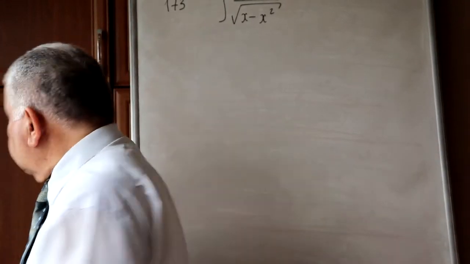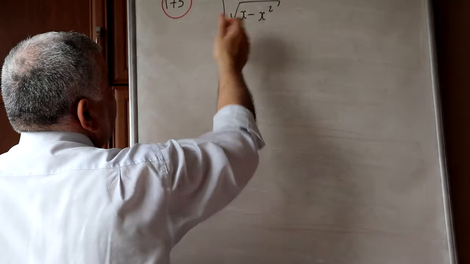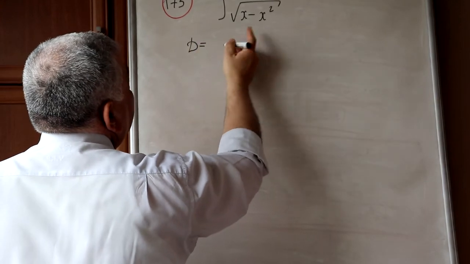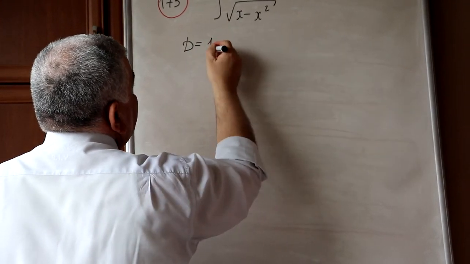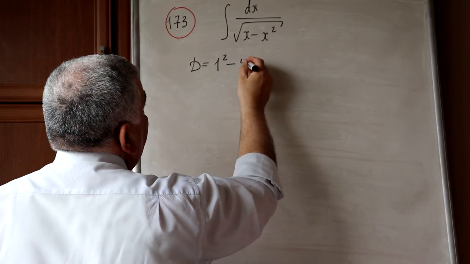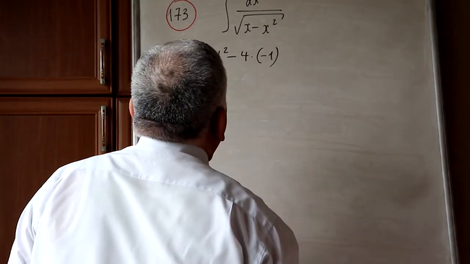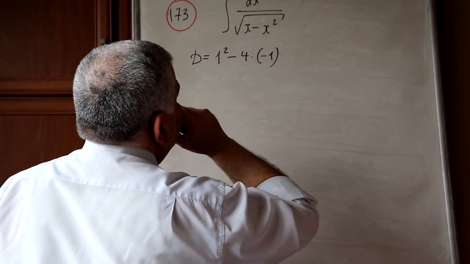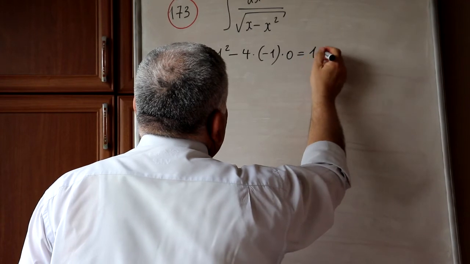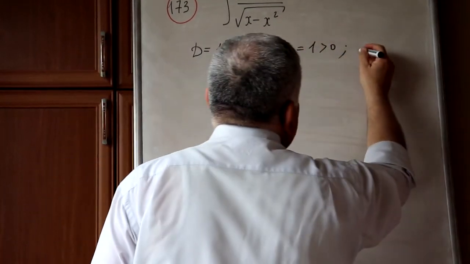Here the discriminant of the root expression is equal to 1 squared minus 4 multiplied by minus 1 multiplied by 0, it is 1, positive, and the first coefficient is minus 1, negative.